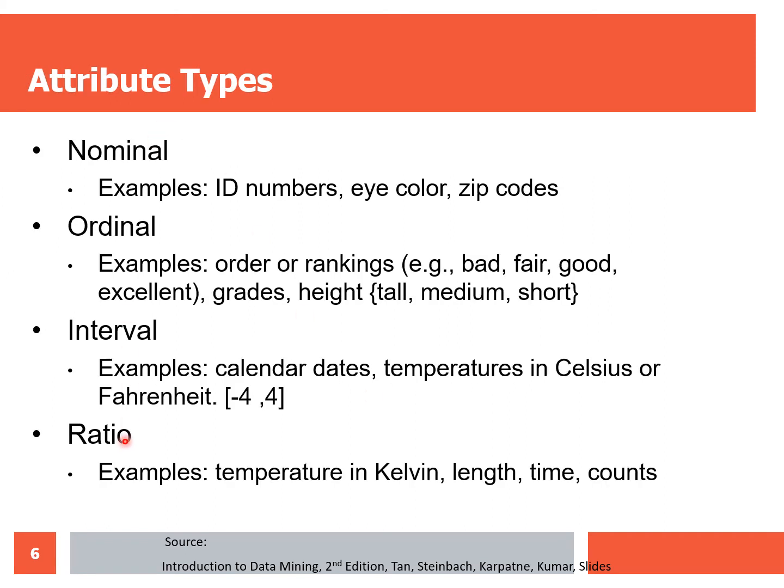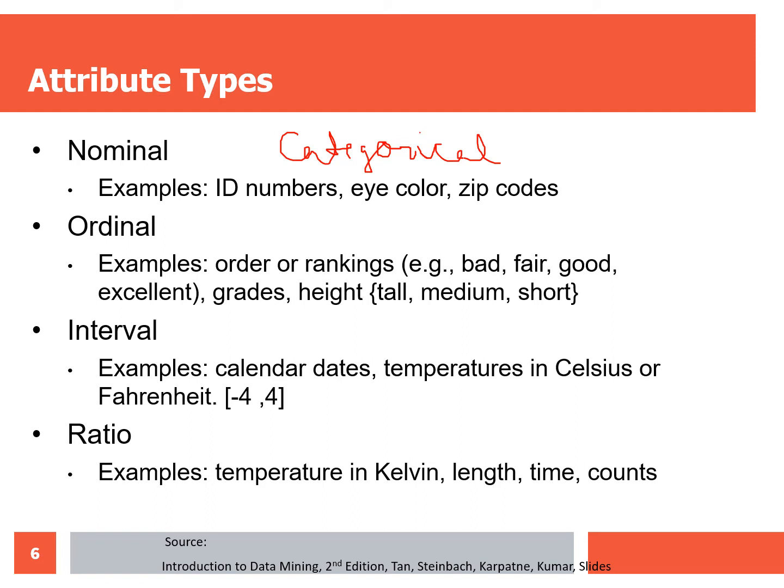Then there are various kinds of attribute types. You have nominal attributes, sometimes also known as categorical attributes, and then you have ordinal attributes.